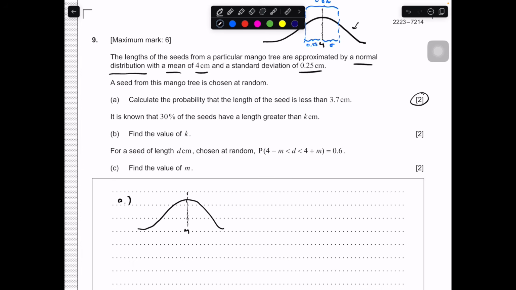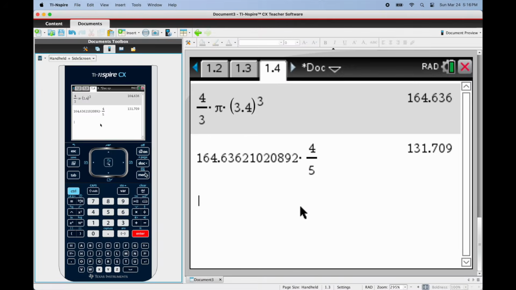And we want to find the probability that we have a length less than 3.7. So if the area under the curve represents all of these seeds, we're looking for the percentage that is to the left of this 3.7. So less than 3.7. That's what this is. Okay, so let's go to the calculator.